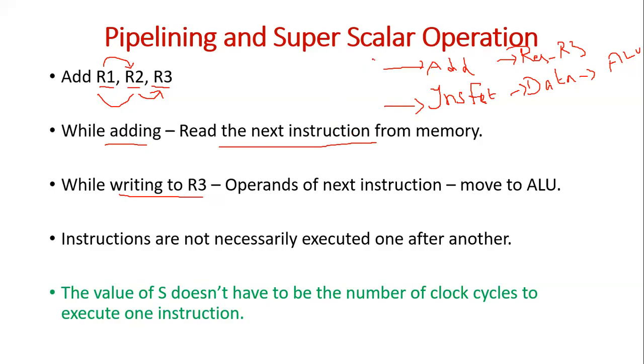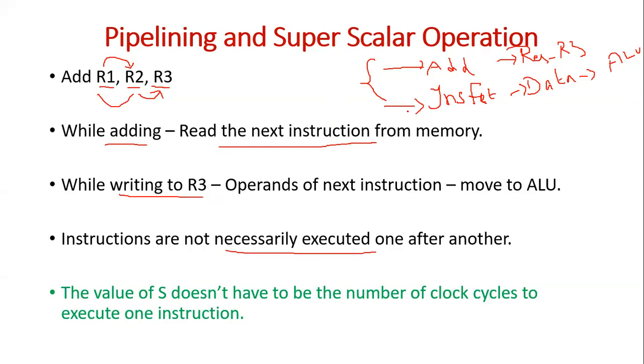This also means that instructions need not always execute one after another. In your program, this may be the first instruction and this the second, but internally that is not happening. You are zigzagging the execution as long as the output does not change.